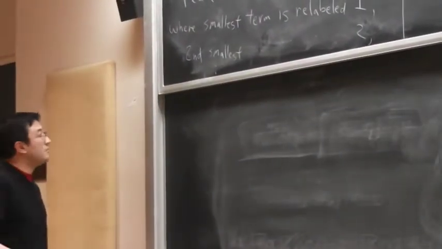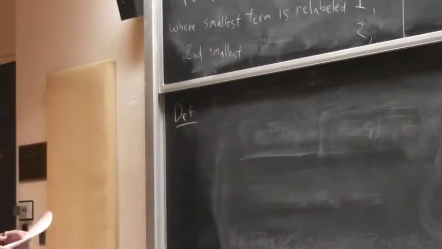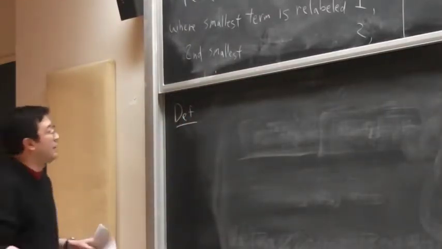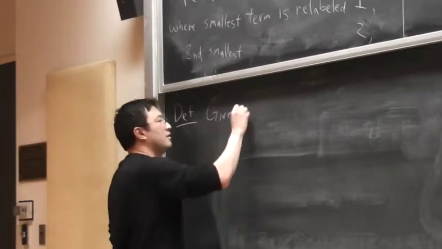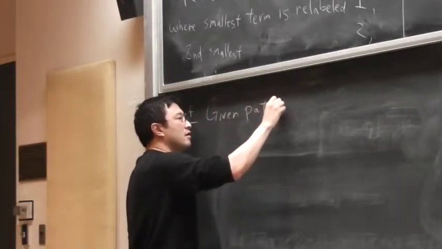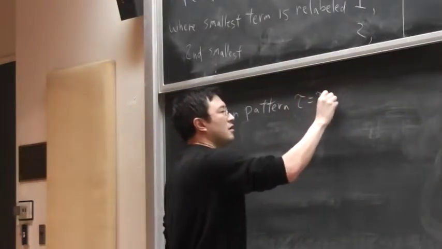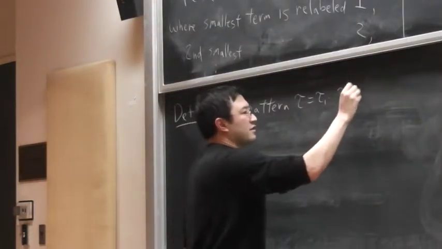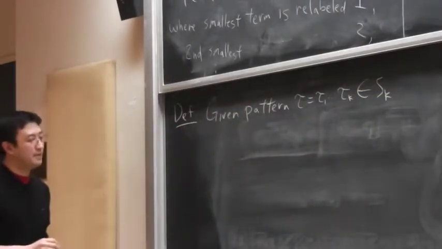Now, another definition. So given a pattern, say tau, of length k, and I'll assume this to be a permutation.